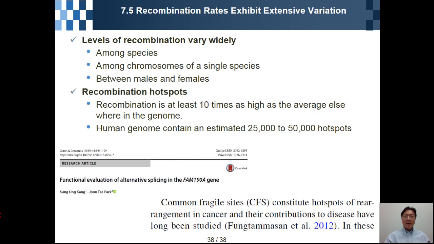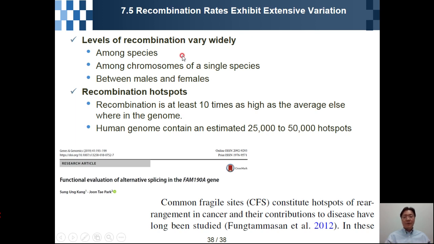In this slide, we see the final subject. The recombination rate exhibits extensive variation. The level of recombination rate varies widely among species. For example, the recombination rate is different in mouse and human.